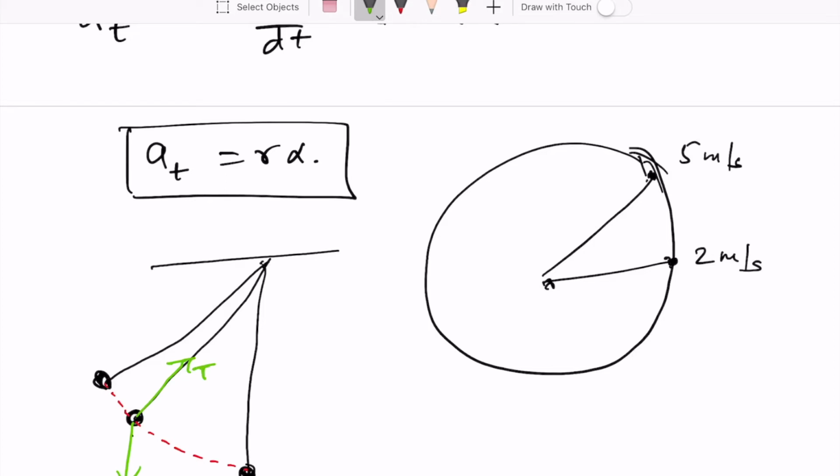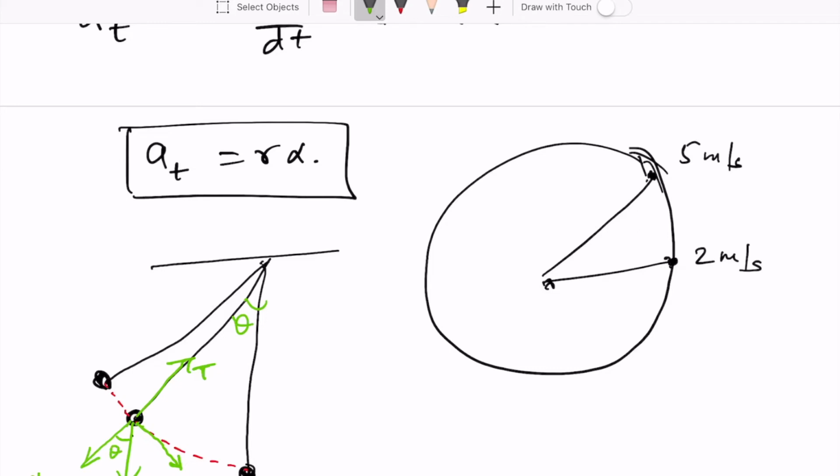Now, we talked about how when an object moves in a circular path, the best way to break up the forces is in the radial and the tangential directions. We talked about that back in chapter 5. The tension force is already in the radial direction. Mg needs to be broken into two components. We'll make one component of Mg which goes in the radial direction and another one which goes in the tangential direction like this. And let's call this angle theta.